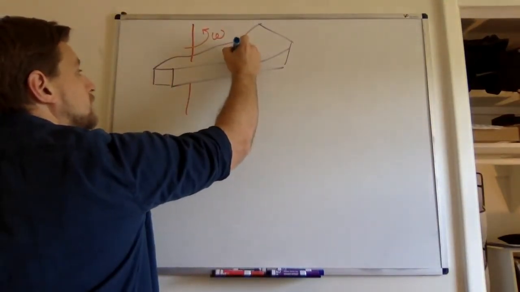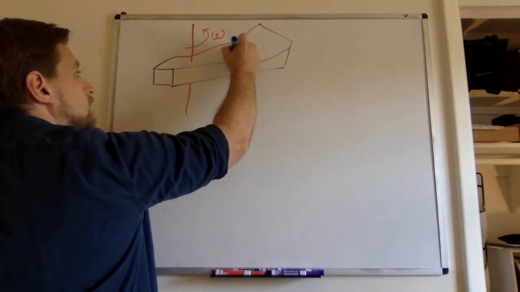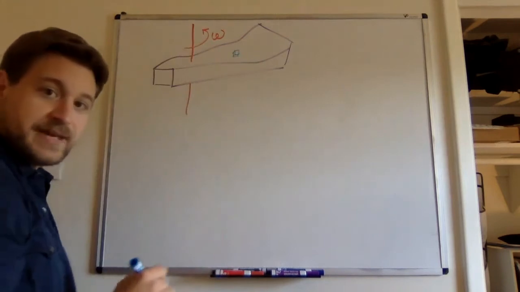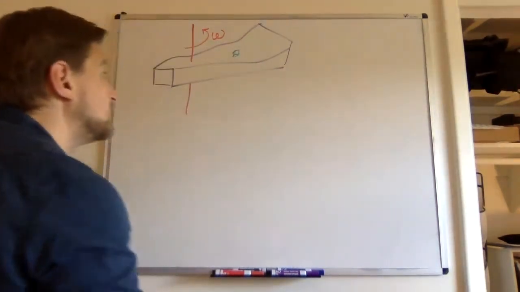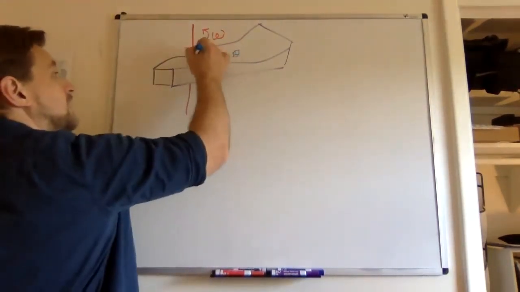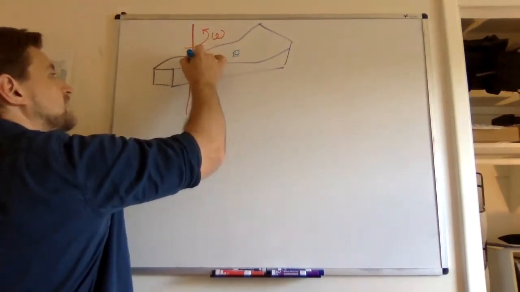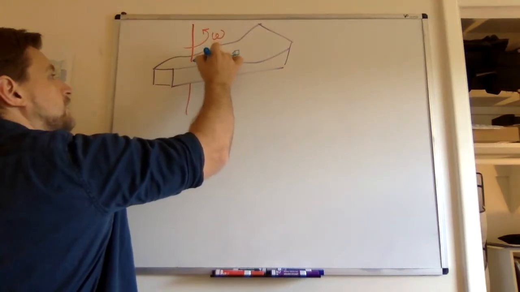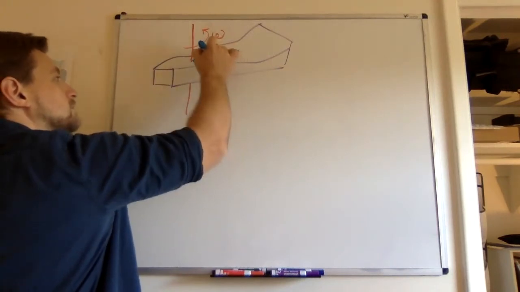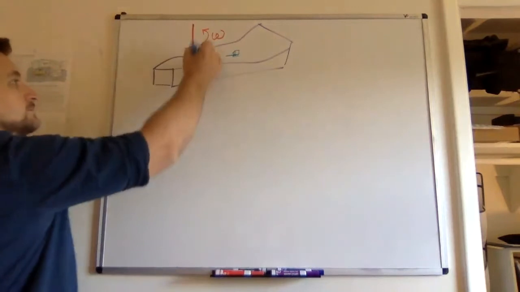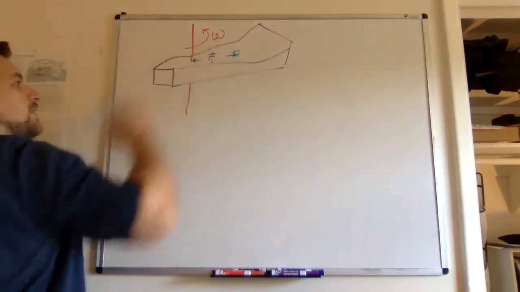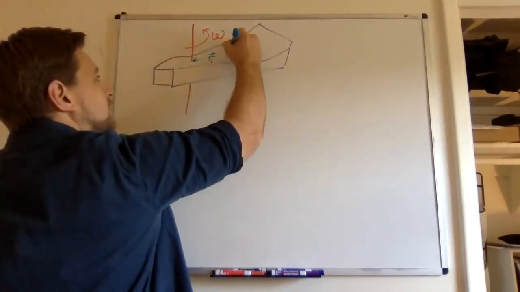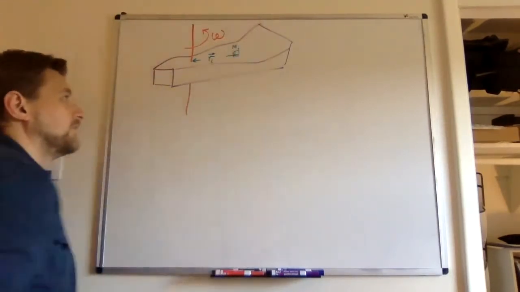Let's talk about this little cube of mass right here. So somewhere in the object, it has a radial distance from the axis of rotation. Let's call it r sub i. That's a vector. This is lowercase r. There we go. And this little chunk of mass has some mass m sub i.